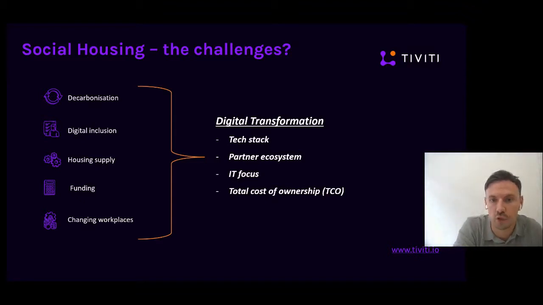So, internal IT resource, whether that be skills, personnel. What does that look like in terms of really underpinning and then playing through the delivery of that digital transformation? And then total cost of ownership. So not only do you need to consider the cost of the compartmental parts of infrastructure or tech stack or suppliers, it's how all of this comes together as a whole and what is the cost on your business.